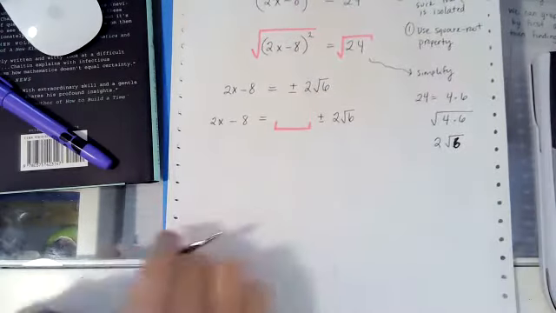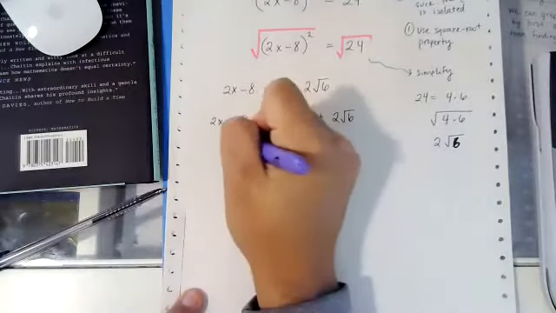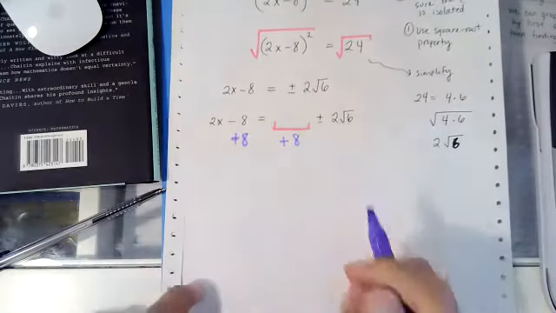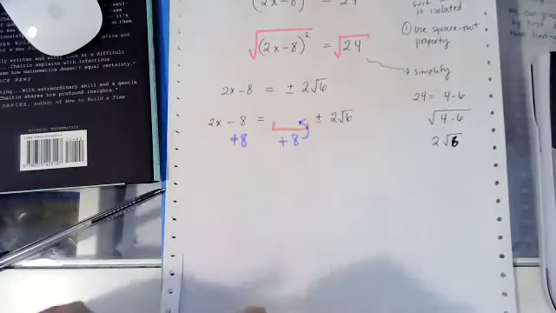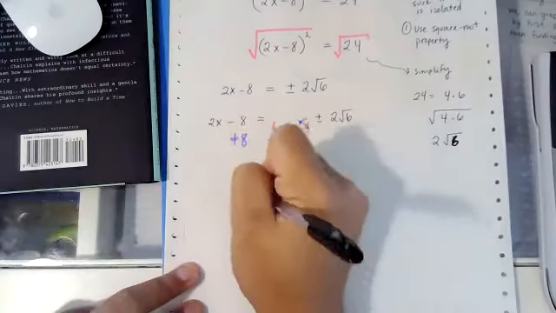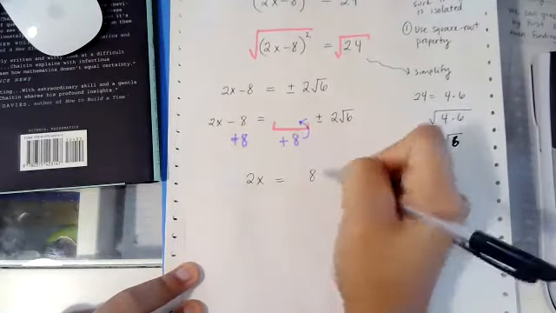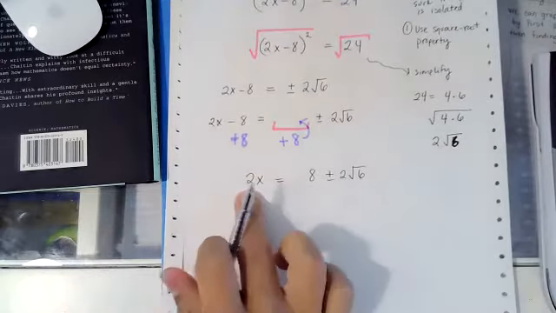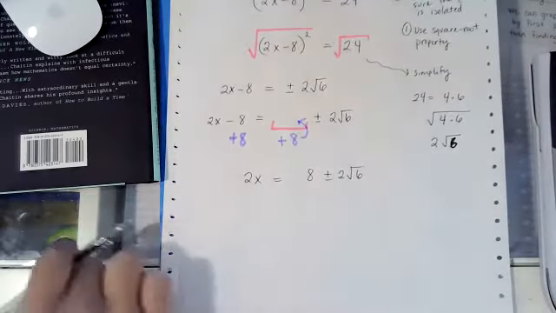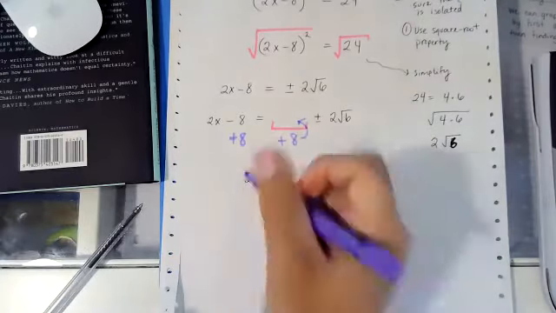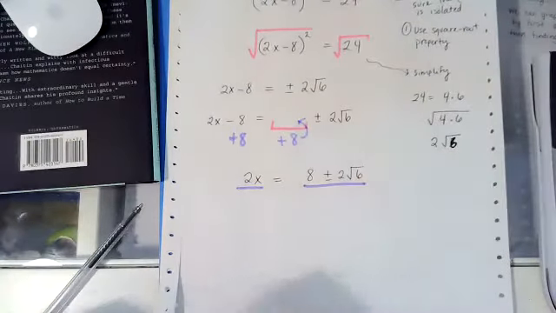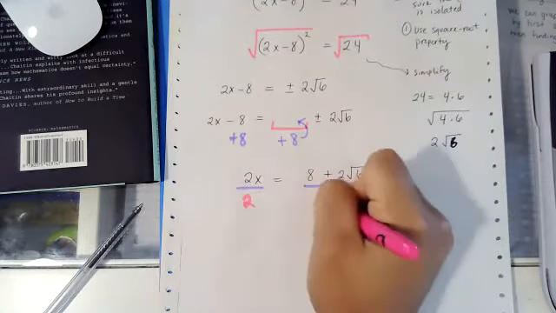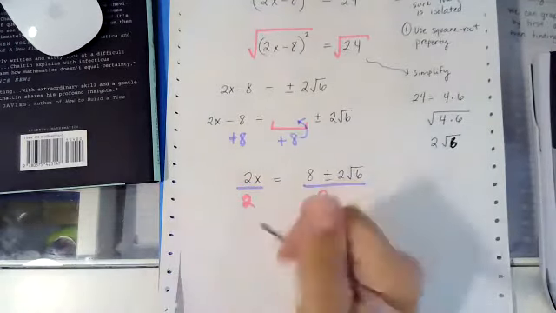All I'm going to do is add the 8 over to the other side and use the addition principle here so that the 8 goes right in front. 2x is equal to 8 plus or minus 2 root 6. And then finally, we need x by itself. So why not divide both sides of this expression by 2 so we can get x by itself.